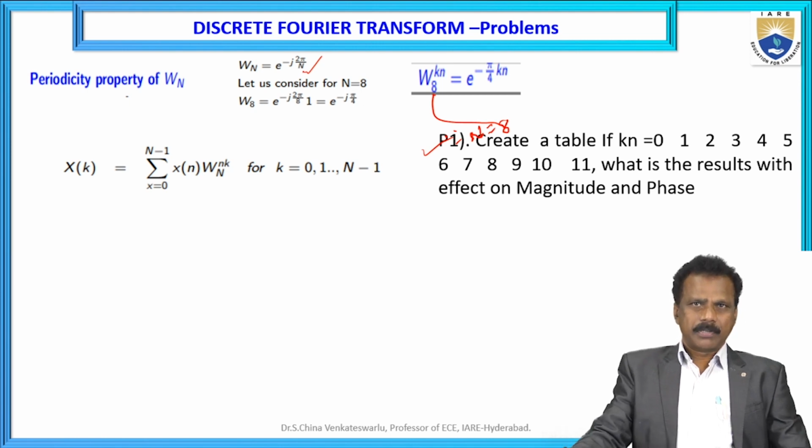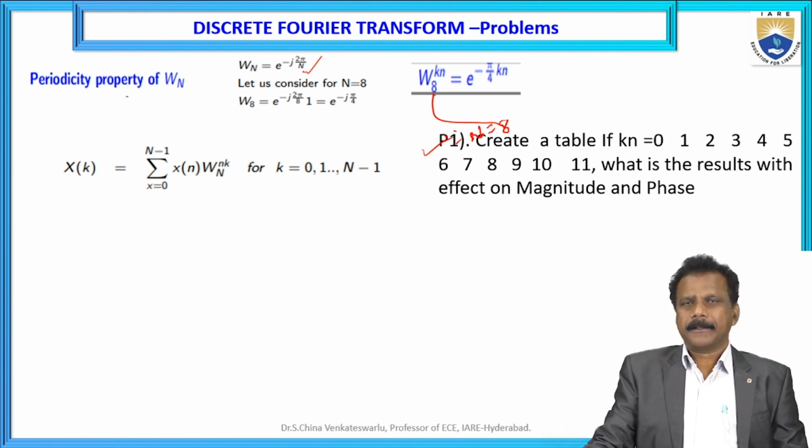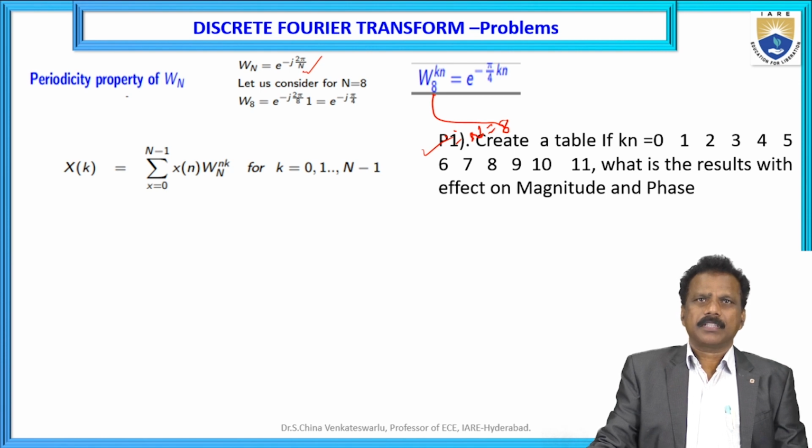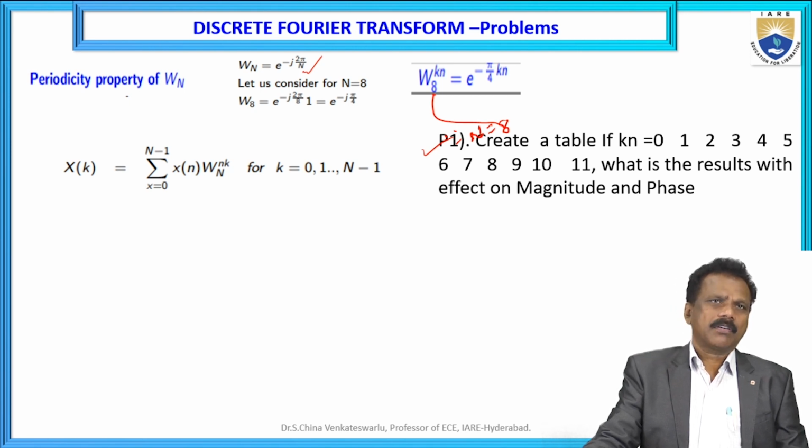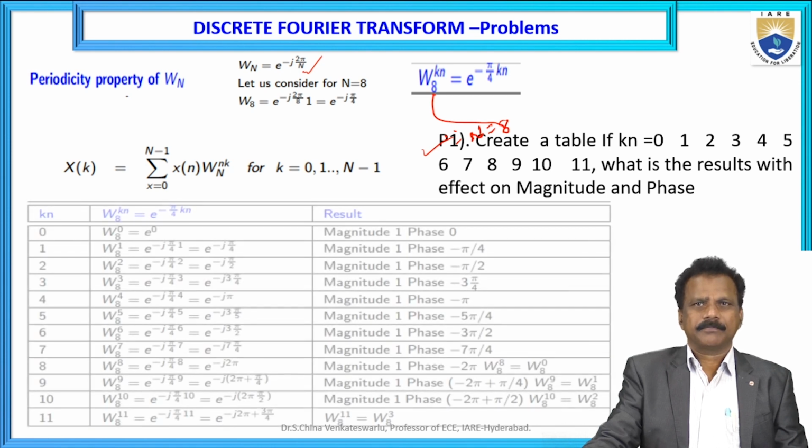In depth, we are using the discrete Fourier transform with the periodicity property of W_N. Using this example, create the table for kn equal to 0, 1, 2 up to 11. What are the results with the effect on magnitude and phase?